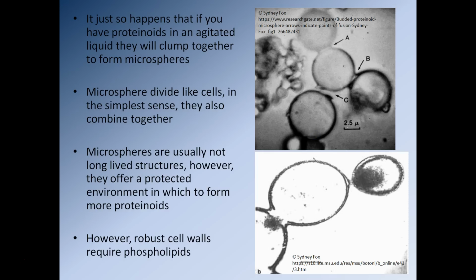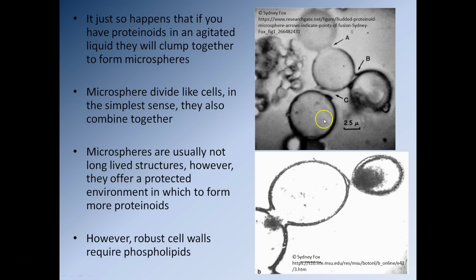It just so happens that if we take proteinoids and stir up the liquid they're in, they will naturally clump together. And when they clump together, they form these structures here, which are called microspheres. Microspheres contain a small quantity of water inside them, and within this water, proteinoids can form, and these proteinoids will be protected from the environment around them by the membrane.